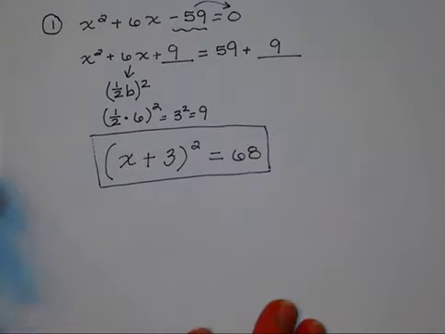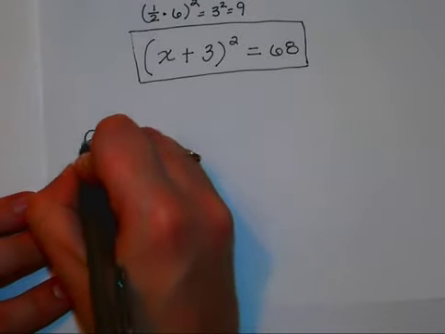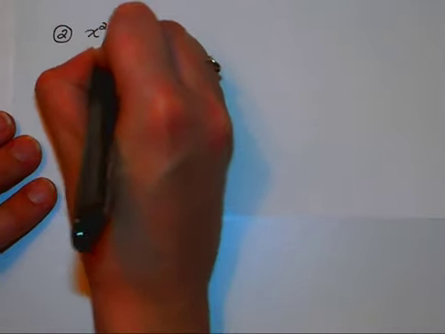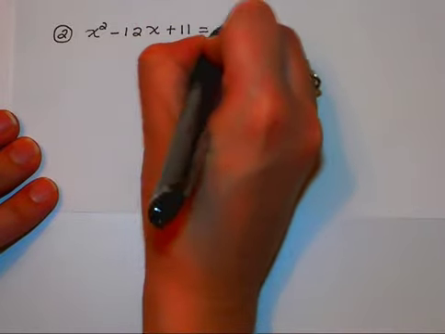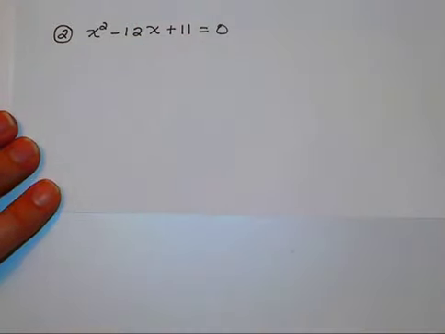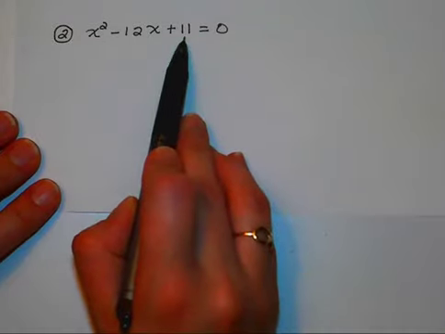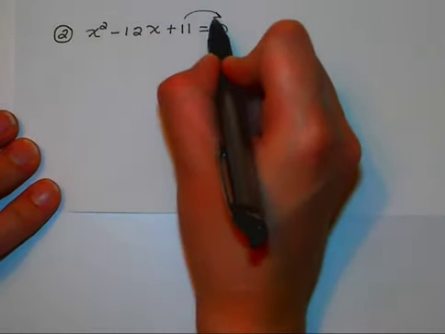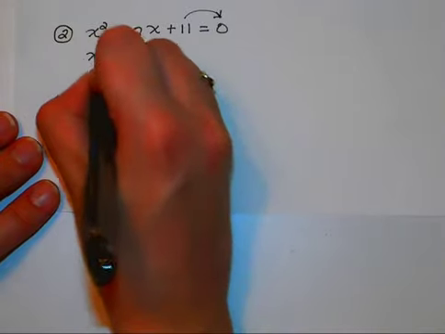Let's look at one more example. So in this second example, we're going to start with the equation x squared minus 12x plus 11 equals 0. To complete the square, we must have a leading coefficient of 1, which we do. We also need to move our constant to the other side of the equation. So I'm going to begin by subtracting 11 from both sides.